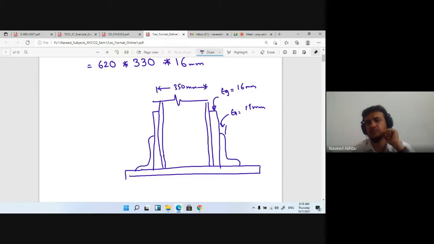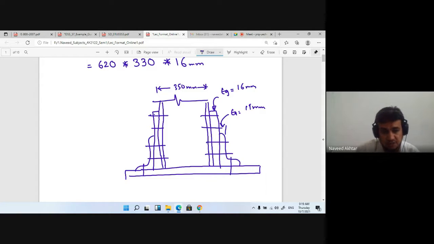This gusset plate is connected with the column, and you can draw the bolted connection, because it is a bolted connection. Then the gusset angle is also connected with the column through the gusset plate, and this shorter leg is connected with the base plate.